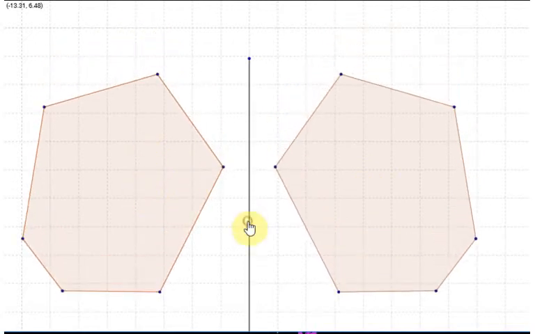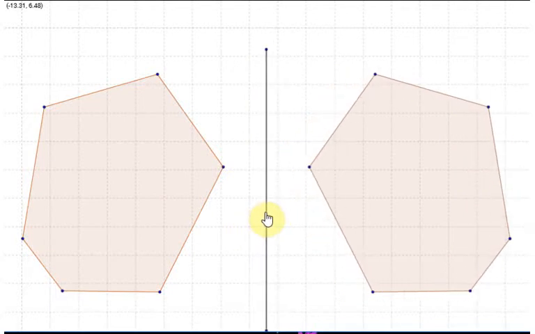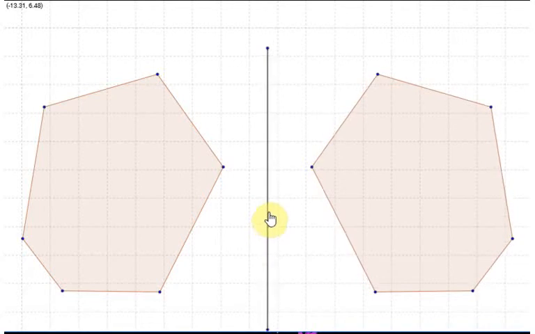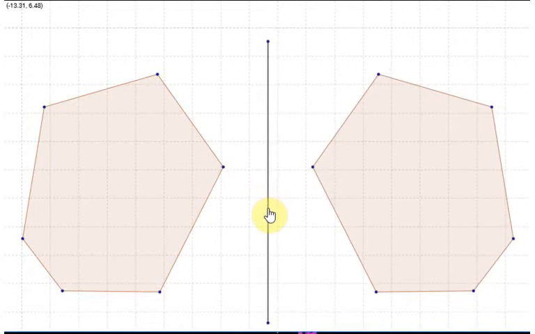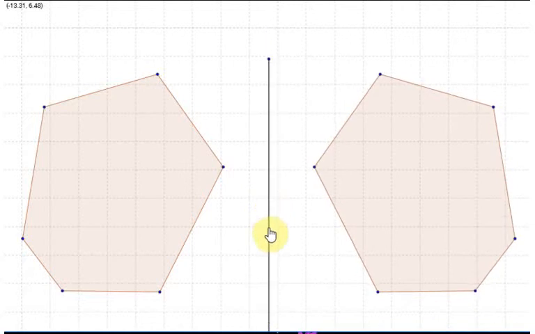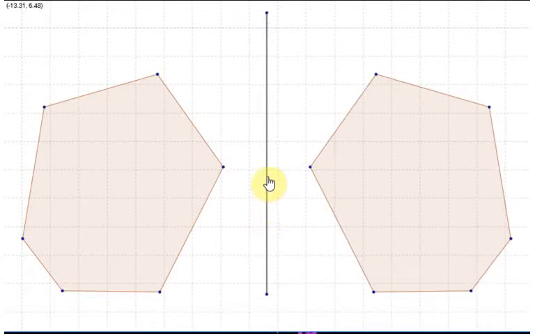But if I move this line this way, the image moves. But if I move it upward, without checking, nothing happens. Only the mirror is moving, but the image and object are not moving.